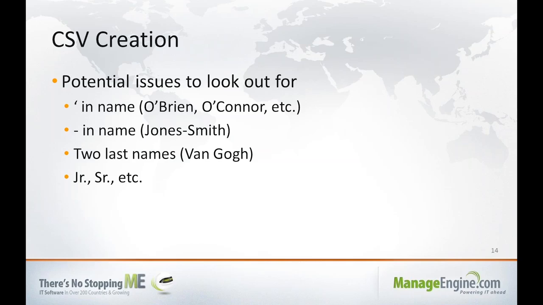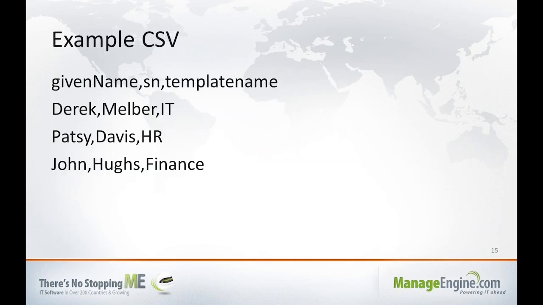You might have two last names, like Van Gogh. So if I have a space in there, well, that's going to cause an issue. That's why I'm saying spaces can be an issue. Sometimes you're going to have someone that has Derek Melber Jr. or Sr., and that Junior or Senior is going to cause a problem. So all of these are things that you have to look out for when you're creating the CSV file, and you have to use the right syntax, okay?